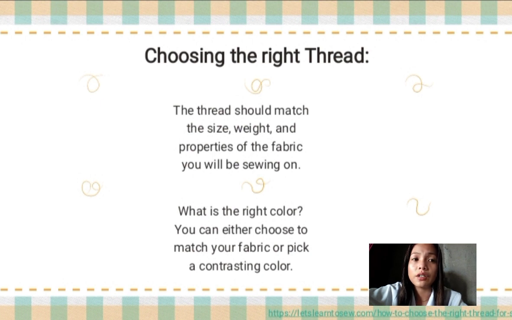And what is the right color? You can either choose to match the fabric or pick a contrasting color. And as I've said earlier, na dapat magkapareho ang kulay ng sinulid at ng telang gagamitin para mas maganda itong tignan.